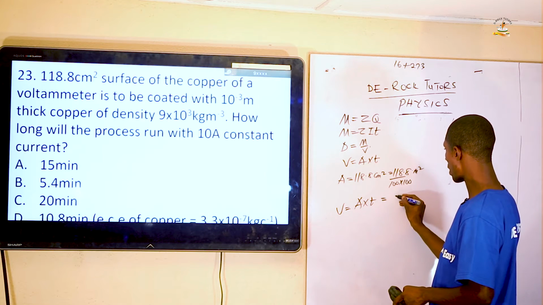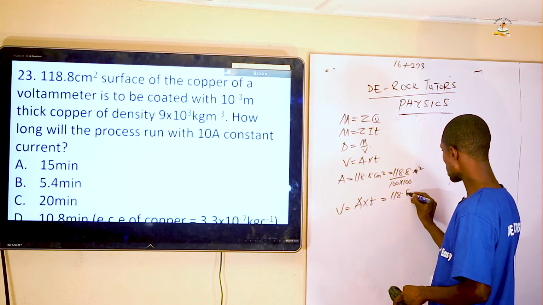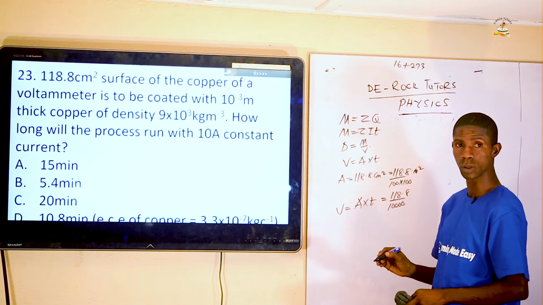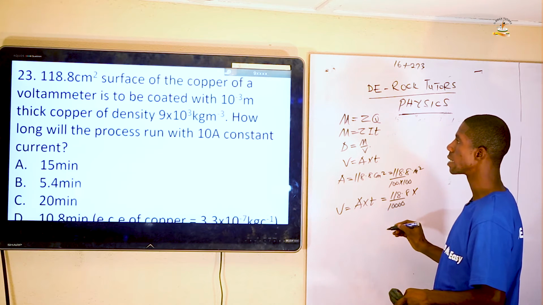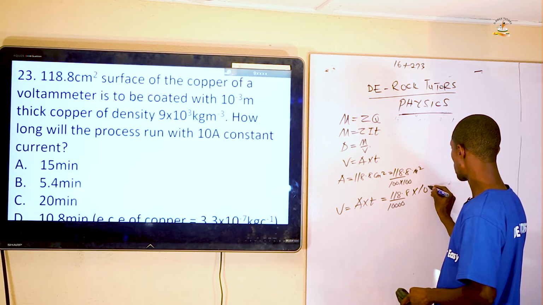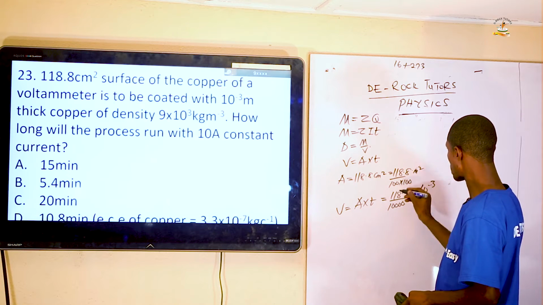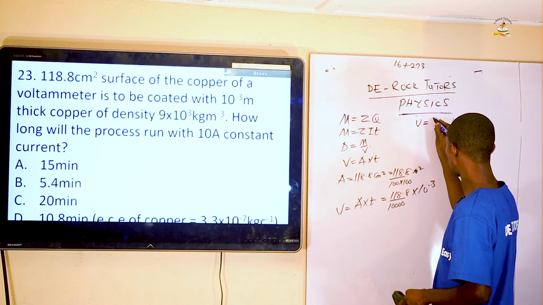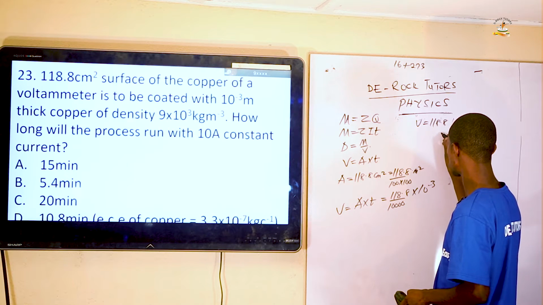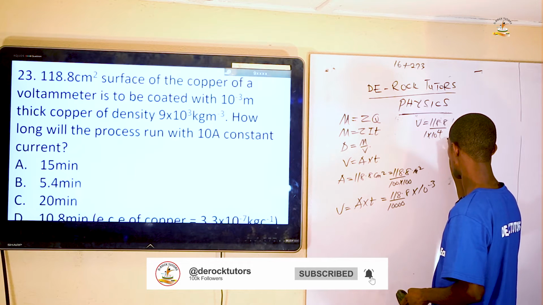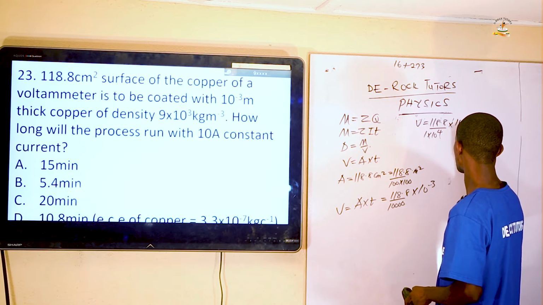So for volume now, we have area multiplied by the thickness. In that case, we can have 118.8 over 100 times 100, that is 10,000, multiplied by the thickness, which is 10 raised to the power minus 3. So this same volume can give us 118.8 divided by 1 times 10 raised to the power 4, multiplied by 10 raised to the power minus 3.